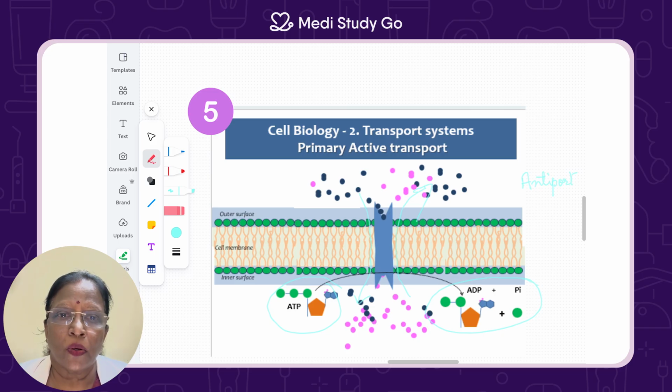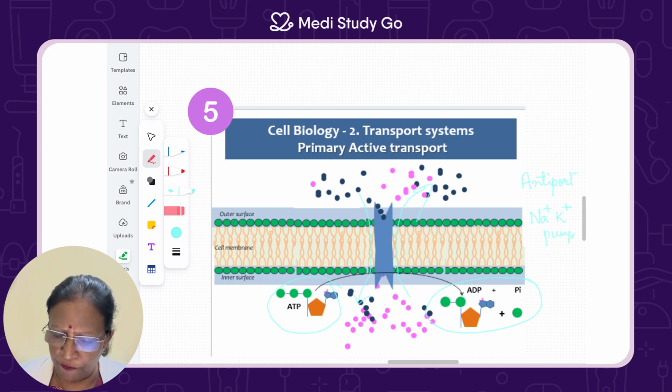Now, about 30% of the cell's energy requirement goes for the active transport. Every cell has active transport, and quite a bit of energy goes for the active transport of molecules. Where does active transport occur in our body? All the sodium-potassium ATPases or sodium-potassium pumps are active transport.